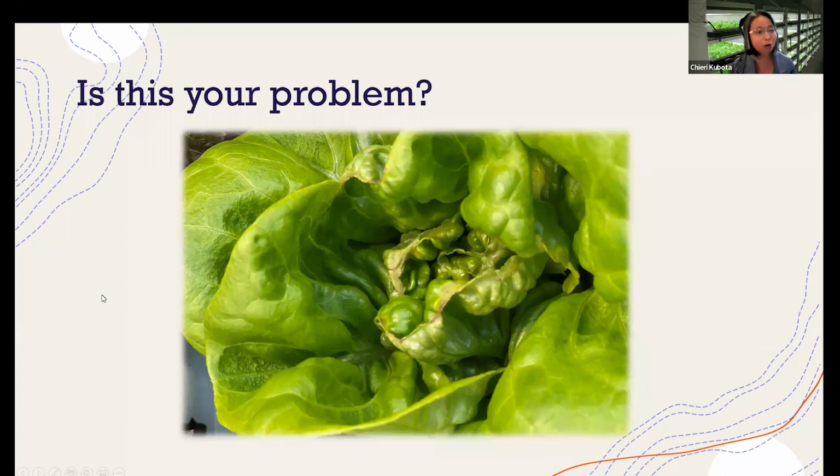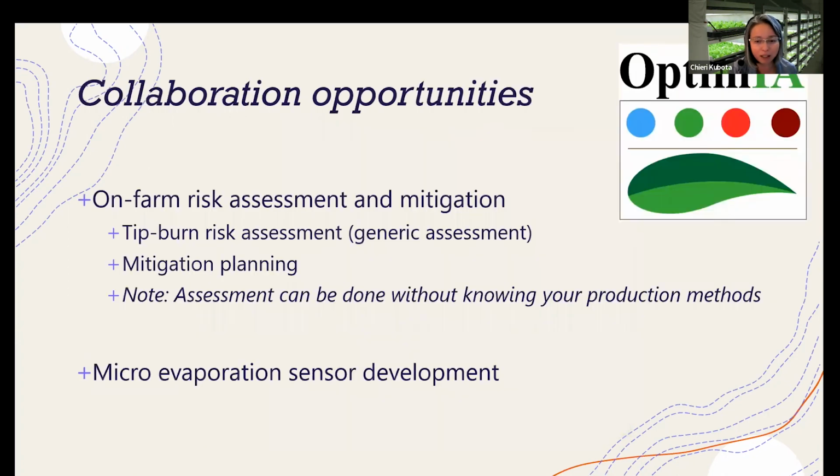So if this is a problem, I like to help, and we like to help. If it is not your problem, that's fine. Enjoy your production, it's great. But if this is a problem, what we can do is assess your level of tip burn risk.